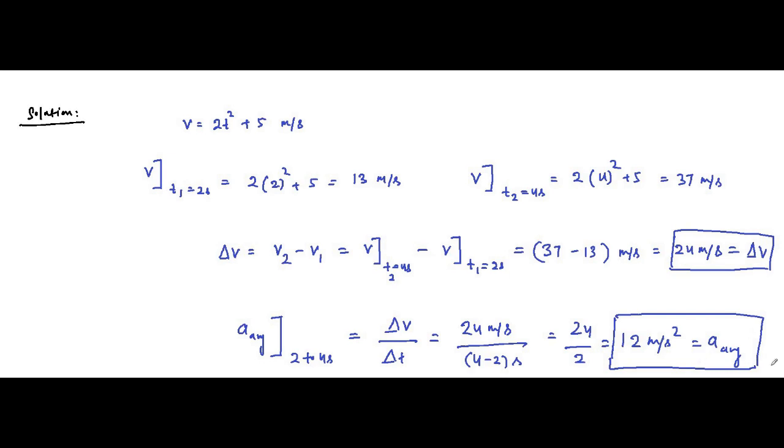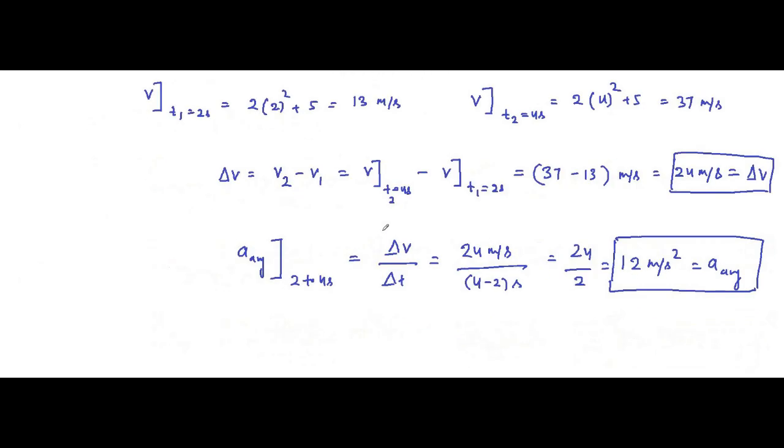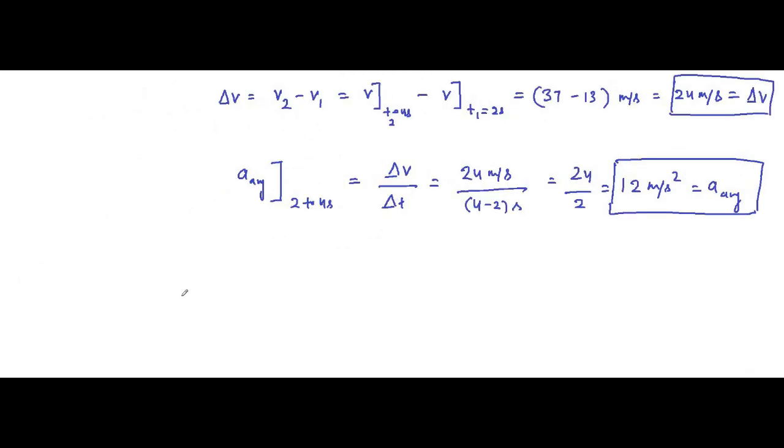Then the instantaneous acceleration at t2 equals 4 seconds. Now instantaneous acceleration is equal to dv by dt, equal to d by dt of 2t square plus 5, and that is equal to 4t.